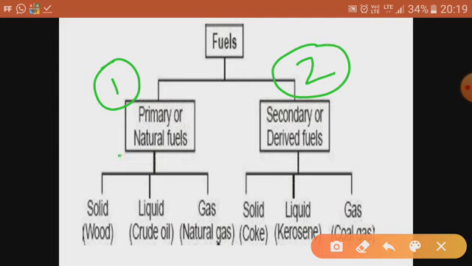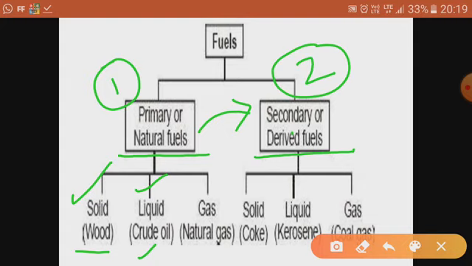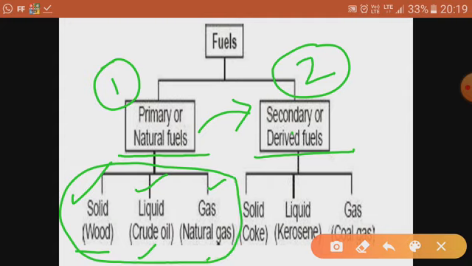Primary is called natural fuel because we get it from nature, and secondary is called derived because we derive secondary fuel from the primary fuels only. Examples of primary fuel: if it is solid then wood, if it is liquid then crude oil, and in gaseous state natural gas. Because we get all of these three from nature, they are called natural fuels or primary fuels.